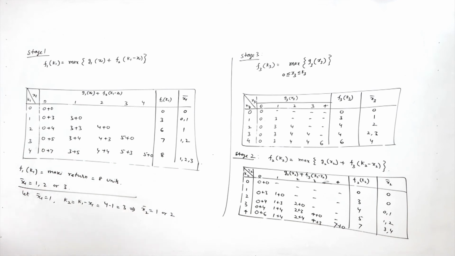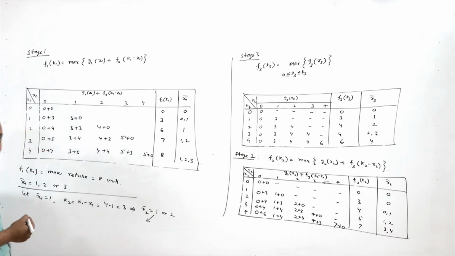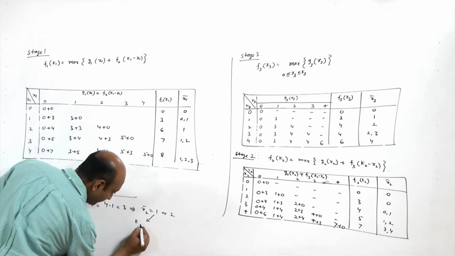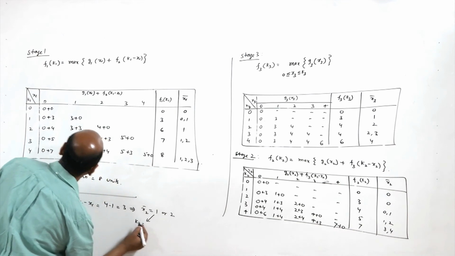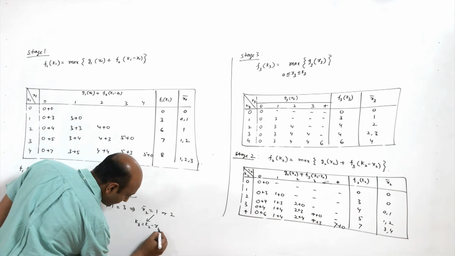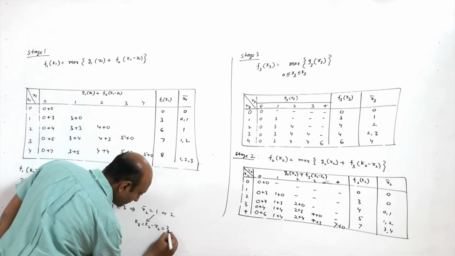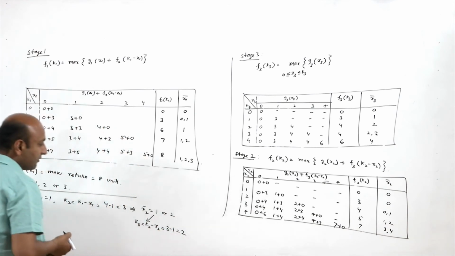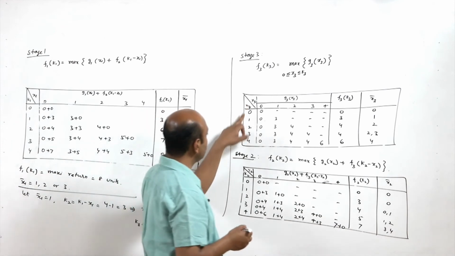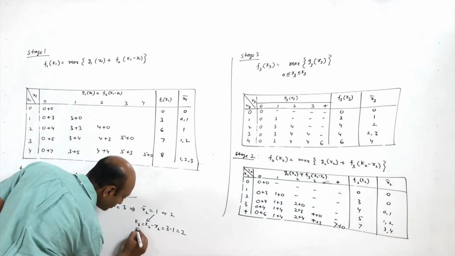So for x2 bar equal to 1, K3 will be K2 minus x2, and K2 is 3. 3 minus 1 is 2, and when K3 is 2, x3 is 2. So this implies x3 is 2.